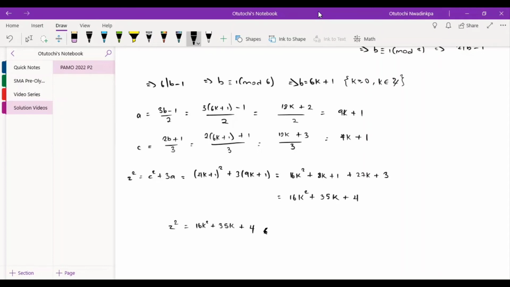And once we get that square, it is going to force z squared to be less than that squared, which will imply that z is less than that, whatever it is in terms of k. So this is what we are looking for now.